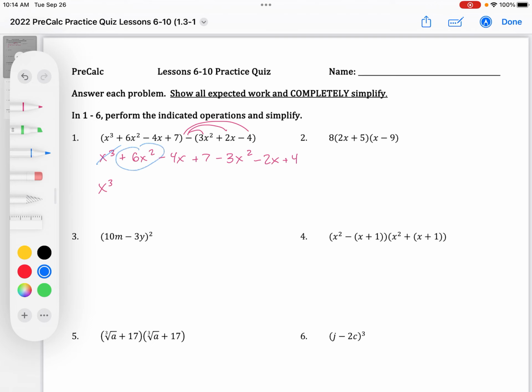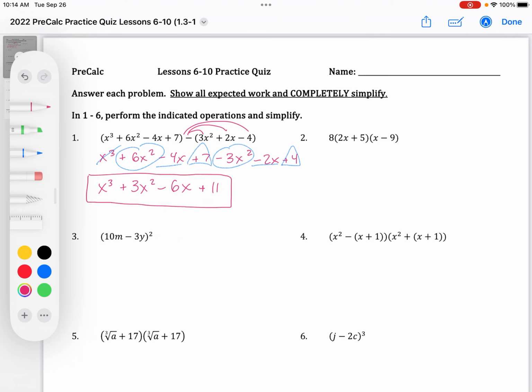This 6x squared can be combined with this minus 3x squared, which will give us plus 3x squared. This minus 4x and minus 2x gives us minus 6x. And then plus 7 plus 4 is plus 11. So that is it for number 1.